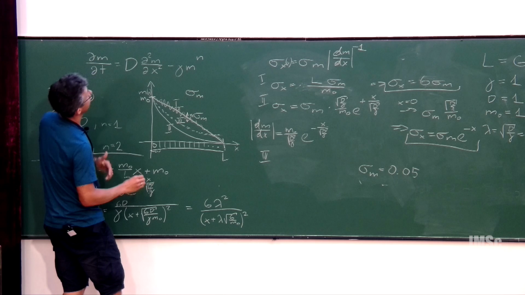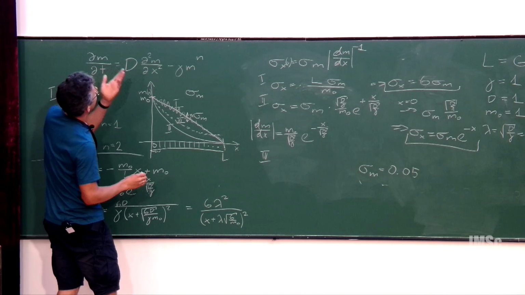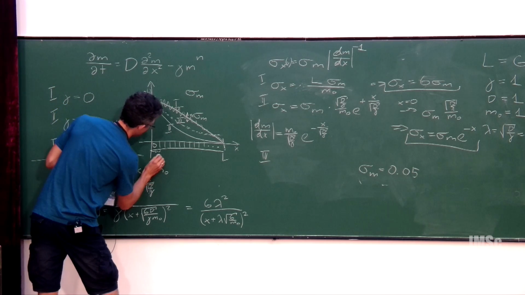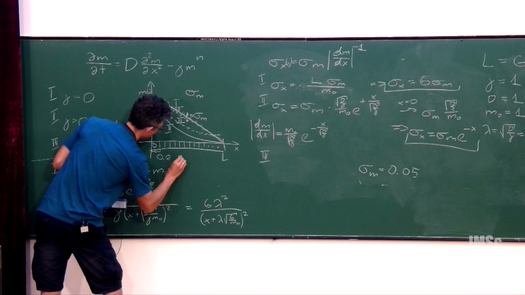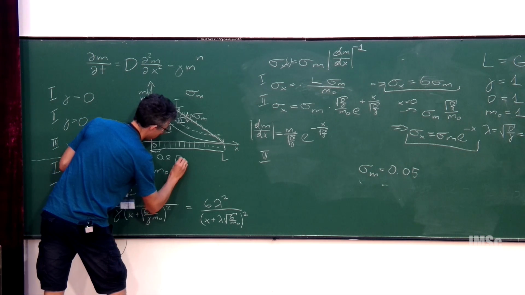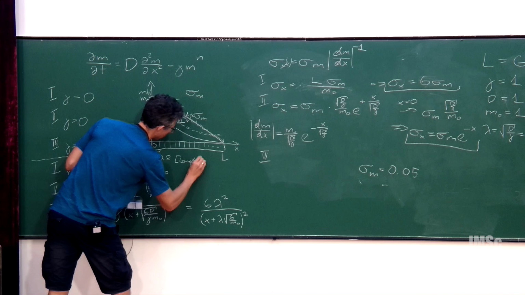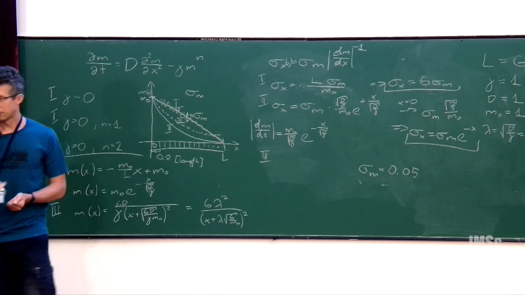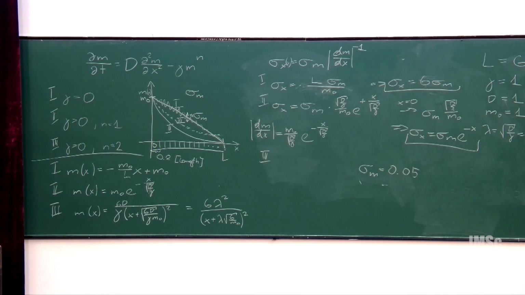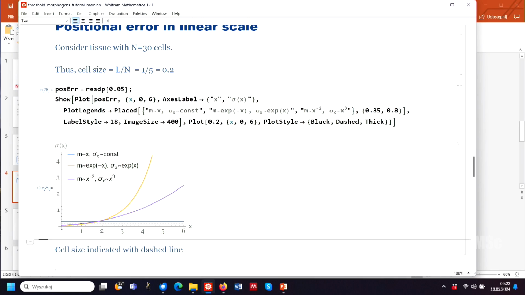If I now divide 6 by 30, I get 0.2 in my arbitrary length units. And now let's indicate this 0.2.